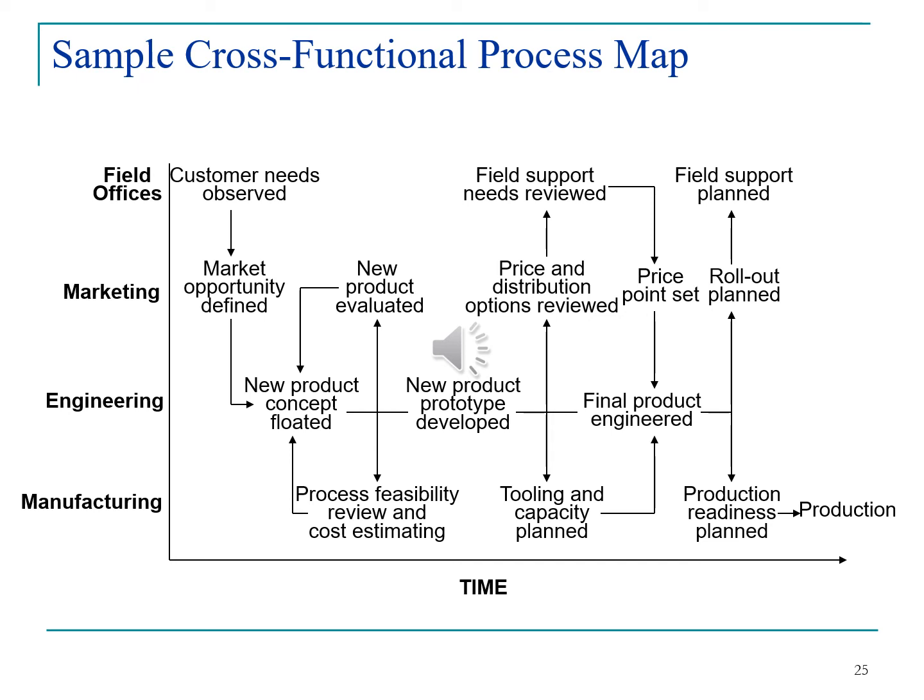And then finally, we have a sample cross-functional process map that is showing you the time at the bottom, and then the different areas of the company that are involved in each piece of the process map.